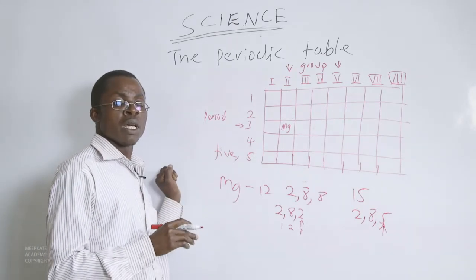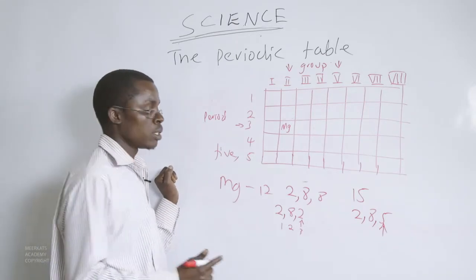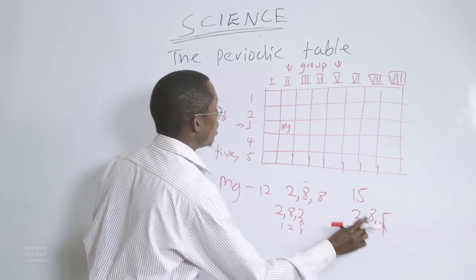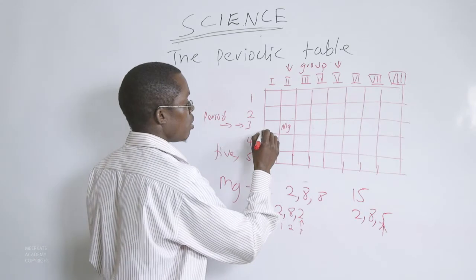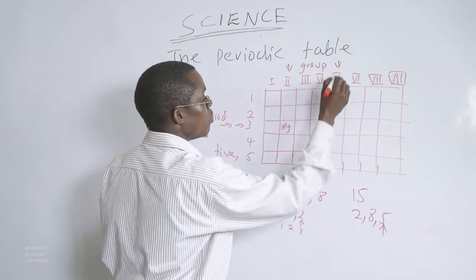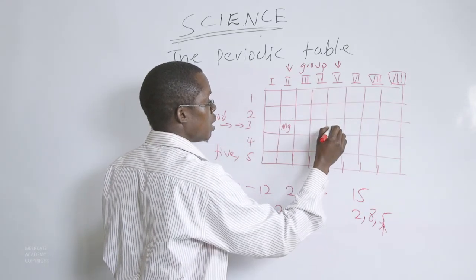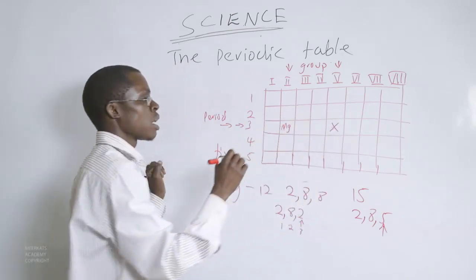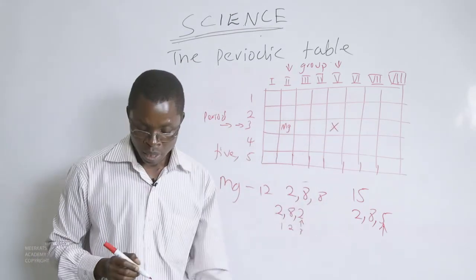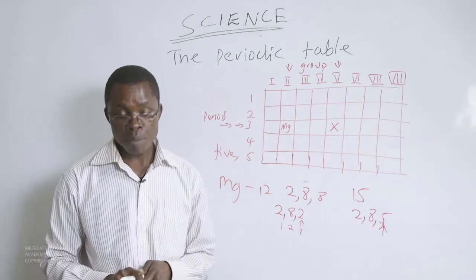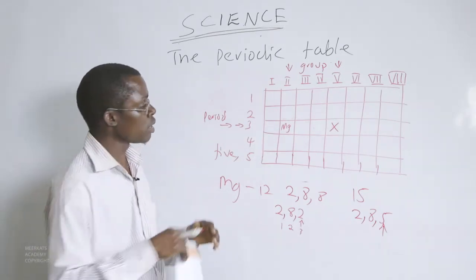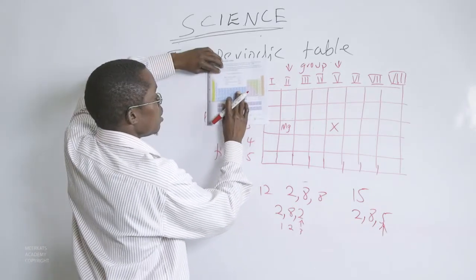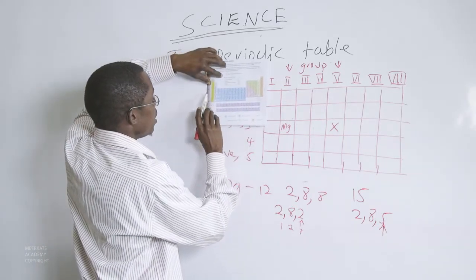Let's identify the number of periods. 1, 2, 3. So it is in this period. Let's now move. We meet here. So the element at that position is the one having atomic number 15. And what is that element? Period 3 is this one.